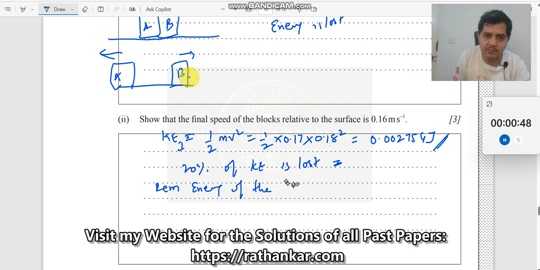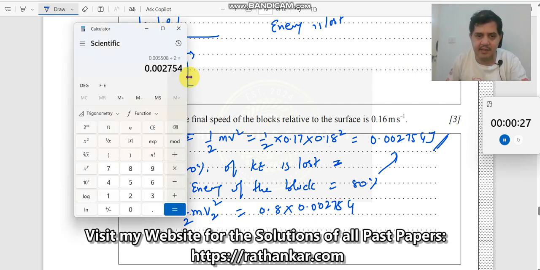Which means the remaining energy of the block is equal to how much? 80% of this value, right? So this should be equal to half m v2 square, that is the final energy, which should be 0.8 multiplied by 0.002754. Okay, let us calculate this value.